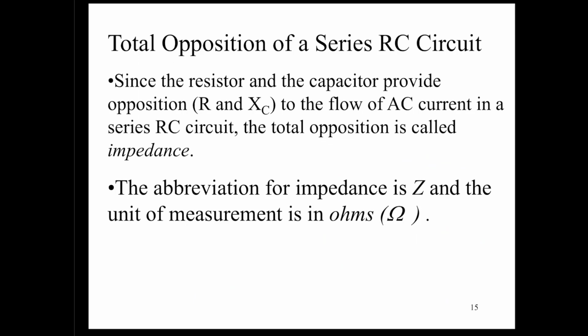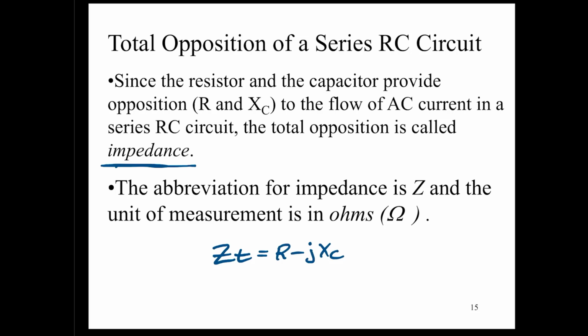So just carrying on with our statements here, since the resistor and the capacitor provide total opposition, R and XC, to the flow of AC current in the circuit, the total opposition, as we know, is called impedance. So again, impedance is symbolized by Z. That means Z total, for our example, will be R minus j XC.